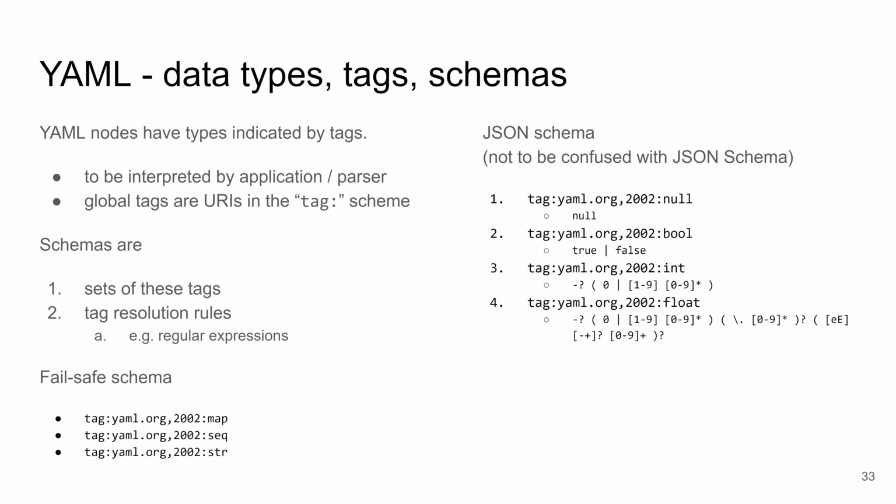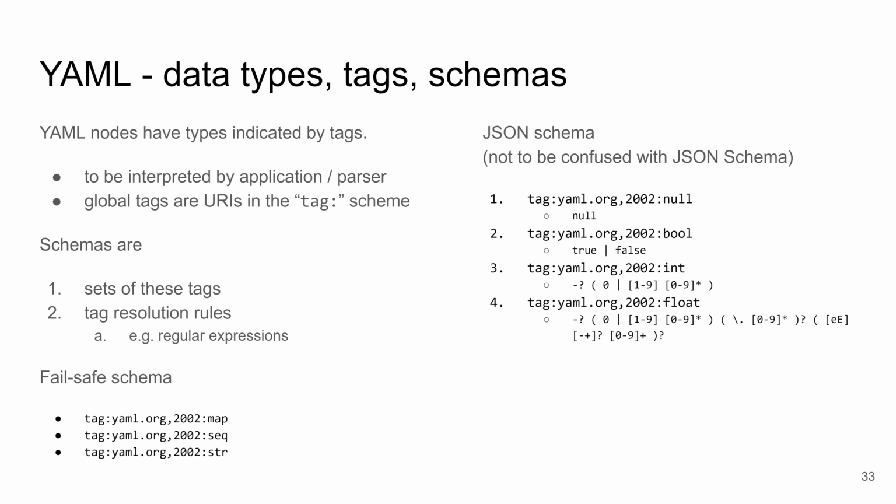But the connection with JSON is that it defines tags which allow us to represent JSON data types in YAML. So it introduces null tag, Boolean tag, integer tag, and float tag, which are the data types used in JSON. So with this JSON schema, the YAML parser is then able to parse any JSON document.